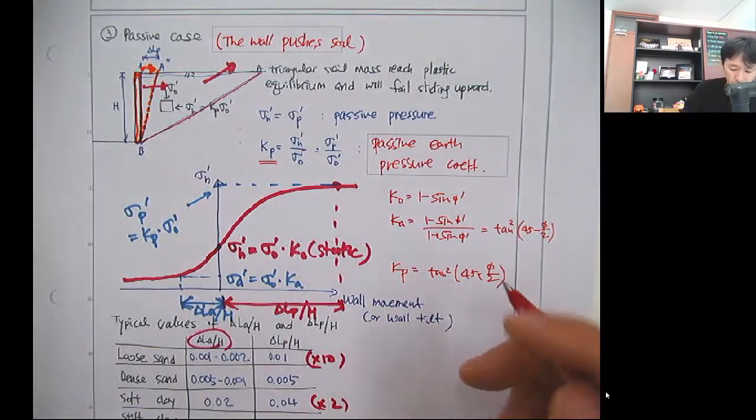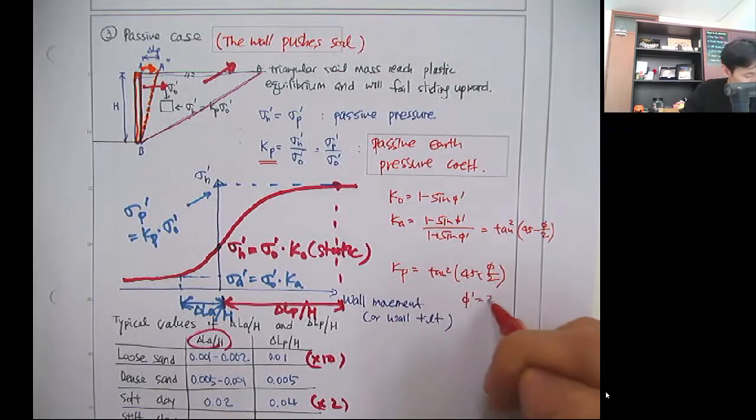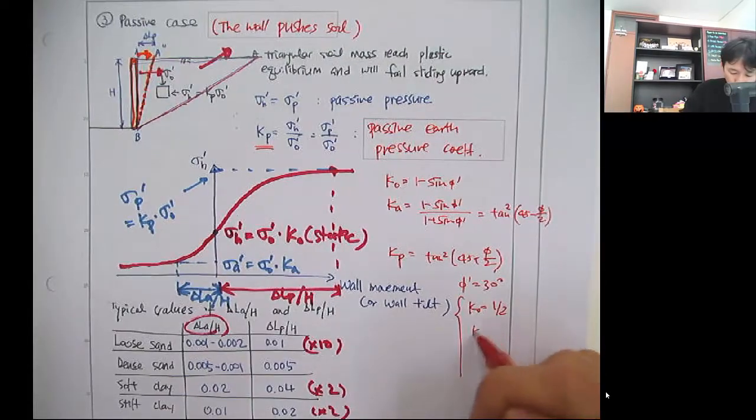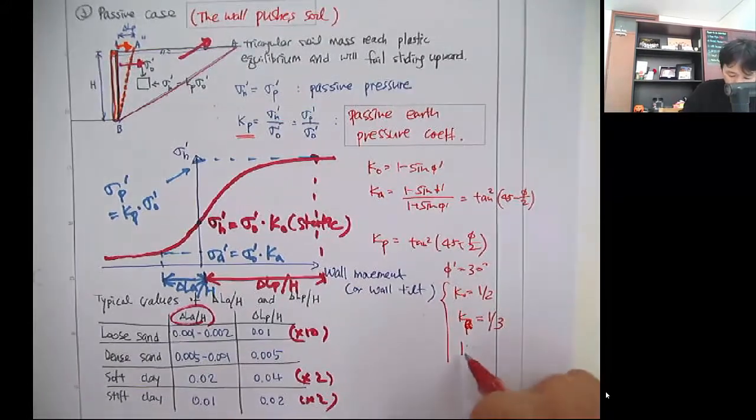Then if we assume phi prime is 30 degrees, K naught is 1 over 2, Ka is 1 over 3, and Kp is 3.